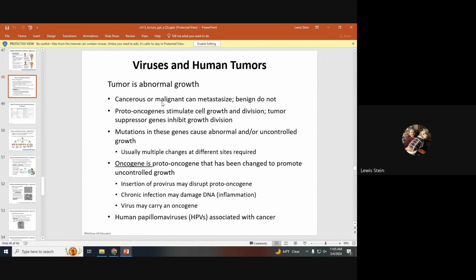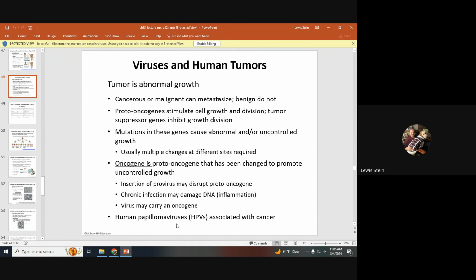Abnormal growth of a normal cell is a tumor; abnormal growth of an abnormal cell is a malignant tumor, or cancer. So proto-oncogenes, good guys. Tumor suppressor genes, good guys. Mutations, altogether bad. There are different causes: viruses, chronic infections, etc.